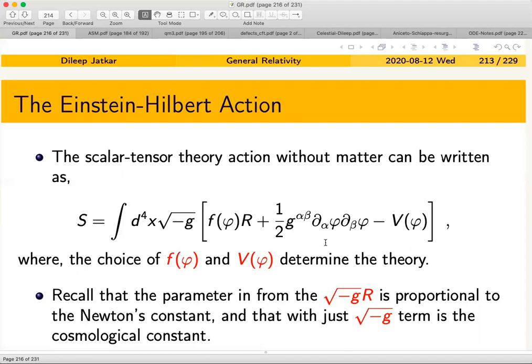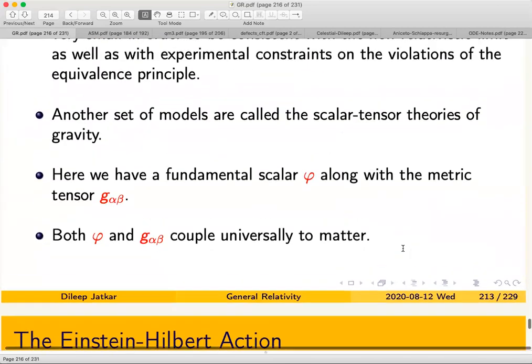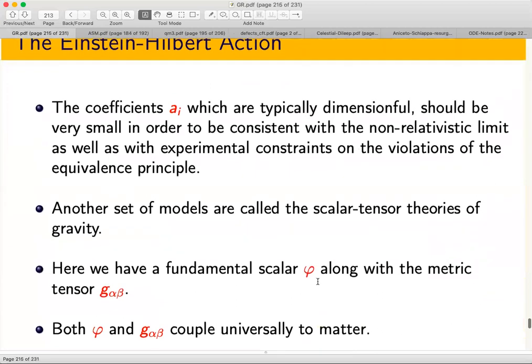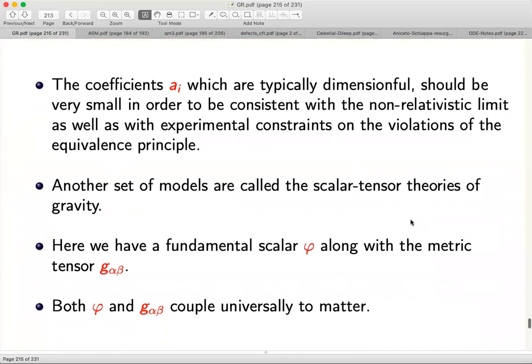You make a pick of this function, you get one theory. Some other choice, you get another theory, and each one would have different experimental signatures. Therefore this is not a single theory, but a class of theories.